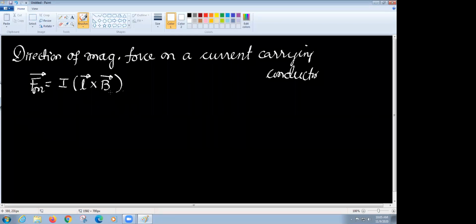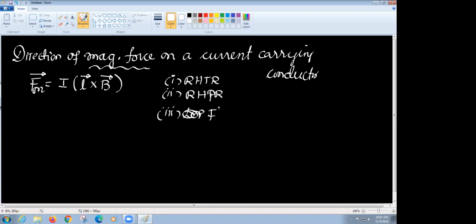You can use the right hand thumb rule, or the right hand palm rule, just to find the direction of magnetic force, or I can use Fleming's left hand rule.